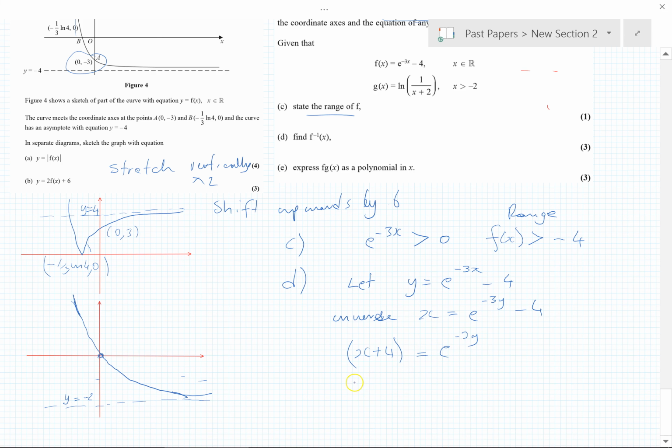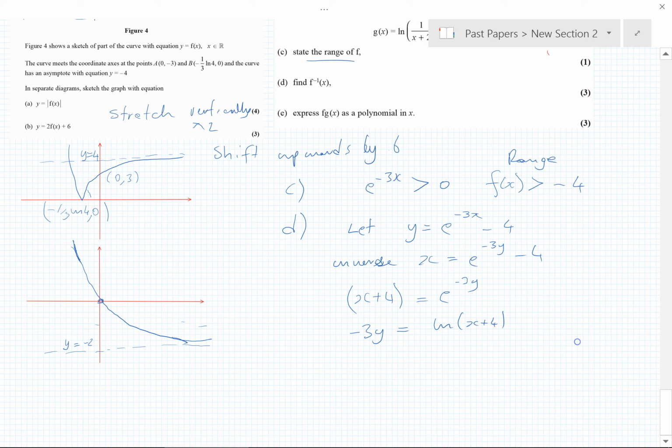So then we have minus 3y is equal to ln(x plus 4). So then we have y equals minus a third ln(x plus 4), with no need to do anything more than that. That's as nice as it can be, really.